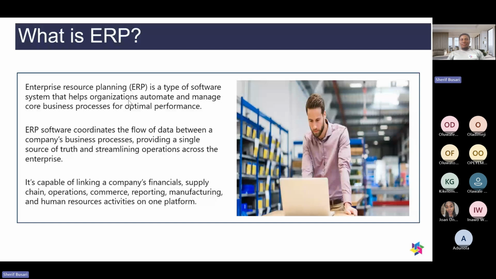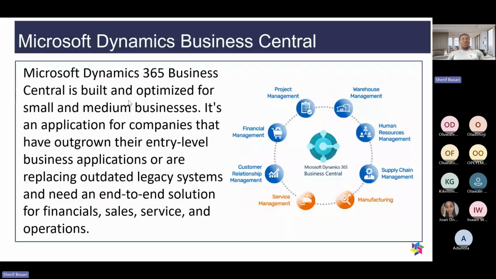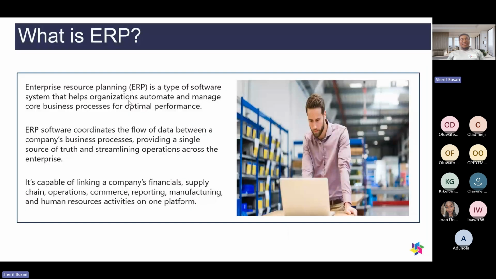All right. But before I talk about Business Central, these two, Business Central and Finance and Operations, are actually from Microsoft. Although we have other ERP systems that are not from Microsoft, ERP systems are generally categorized under two tiers, the first tier and the second tier. The first tier are ERP systems that are built for multinational organizations and Fortune 500 organizations, so large organizations.